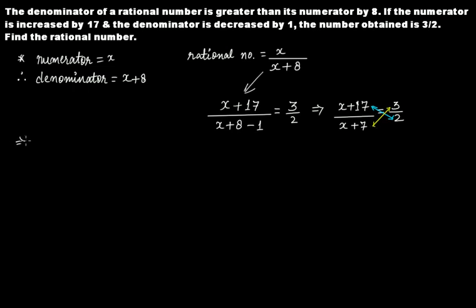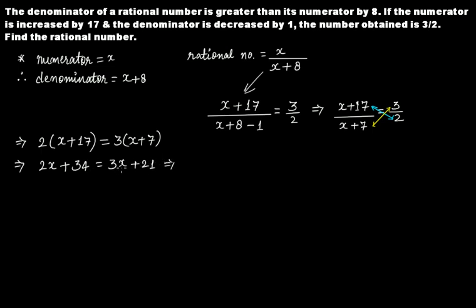So you do this, you get 2 times (x plus 17) is equal to 3 times (x plus 7). 2x plus 34 is equal to 3x plus 21. If you transpose this 2x to the right hand side, it becomes 3x minus 2x. At the same time you transpose this 21 to the left hand side, this becomes 34 minus 21.